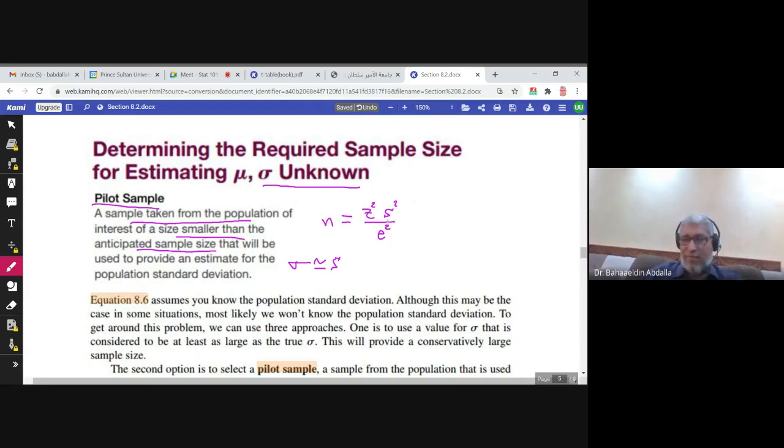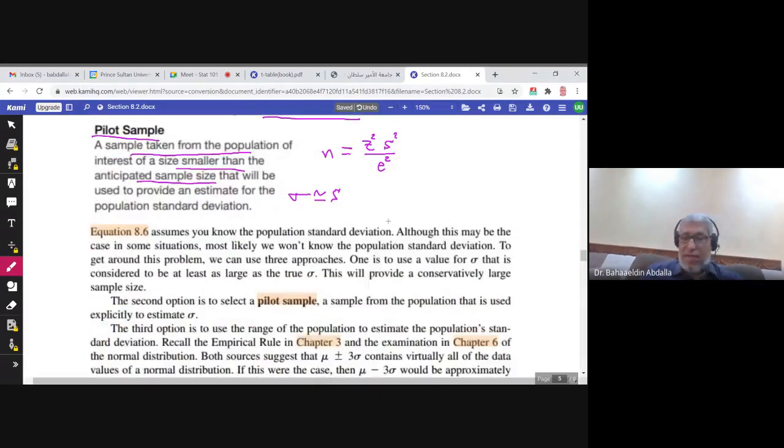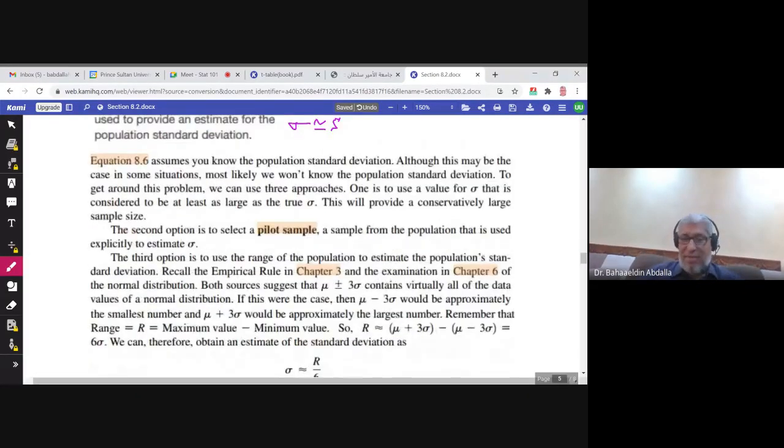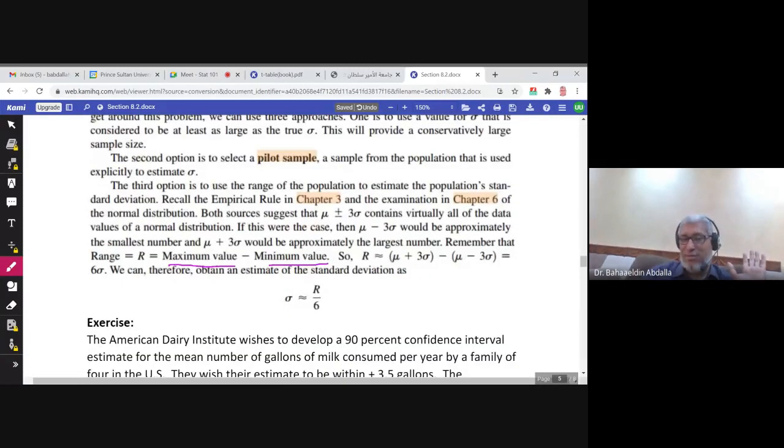That's one way. The other way, if you know the maximum value and the minimum value in the population, then you can find the range of the population, because the range is the maximum minus the minimum. So using the range of the population, we can estimate sigma, the population standard deviation.